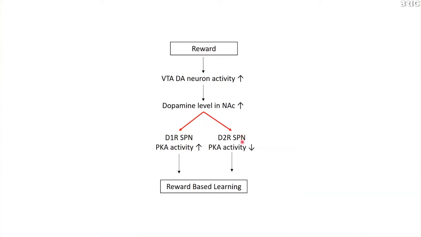And this upregulation of D1 receptor SPN's PKA activity and downregulation of D2 receptor neurons' PKA activity may be a substrate for reward-based learning. However, it has been difficult to directly test this critical link between dopamine and SPN PKA activity because it was difficult to measure the activity of intracellular pathways in vivo. And today I will talk about how we tackle this challenge.